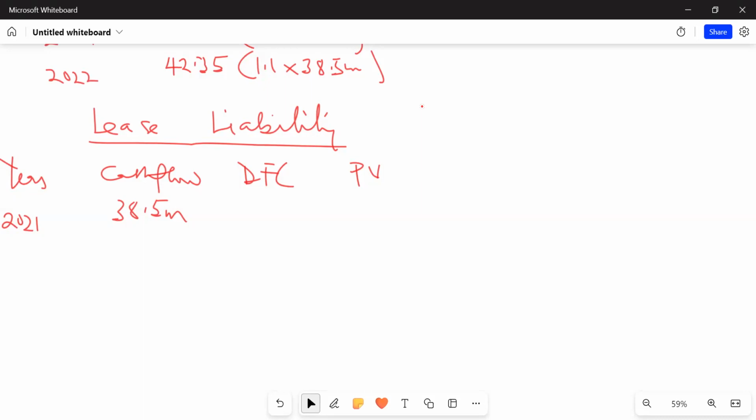But this one we are given, so that will be 11%. Okay. So let's find the discount factor for that particular one. Let's count to 2022. 2022, our rentals will be 42.35, but we have information concerning something there.